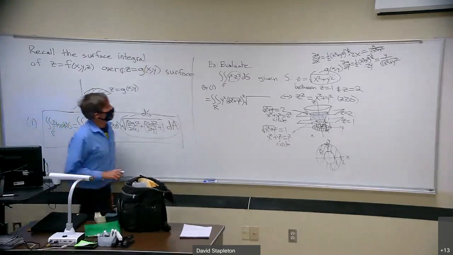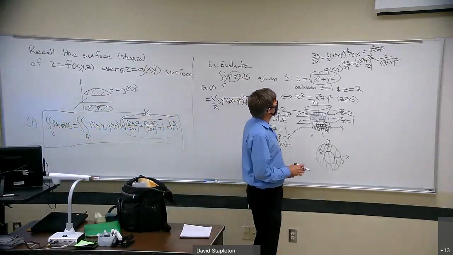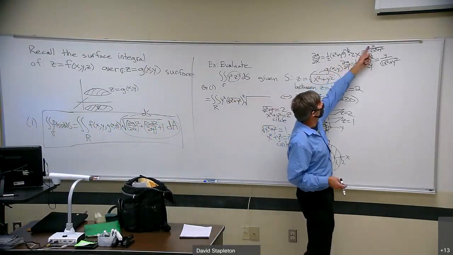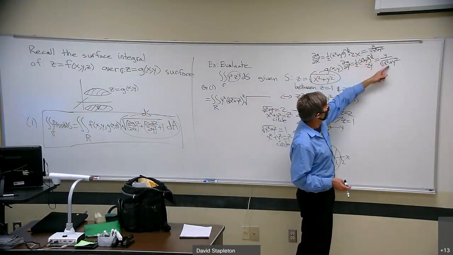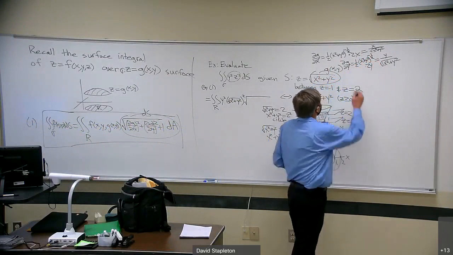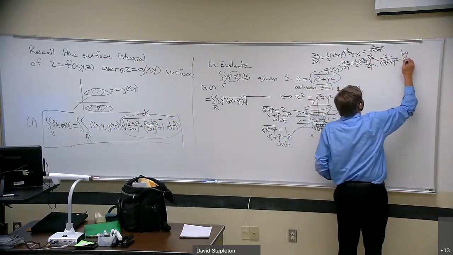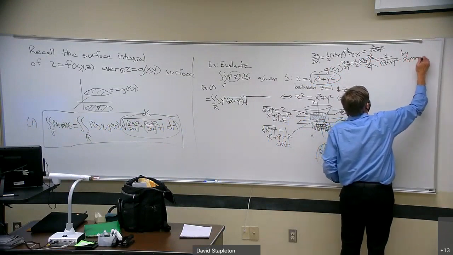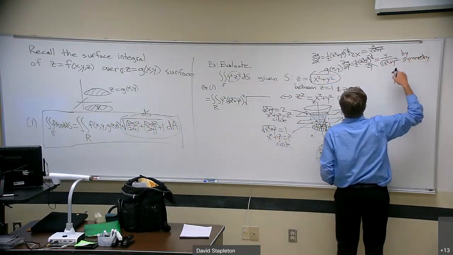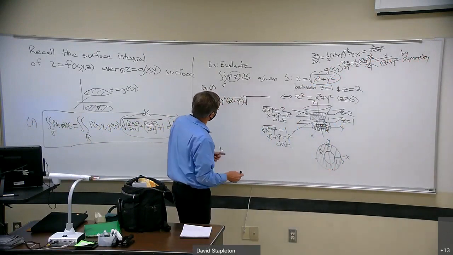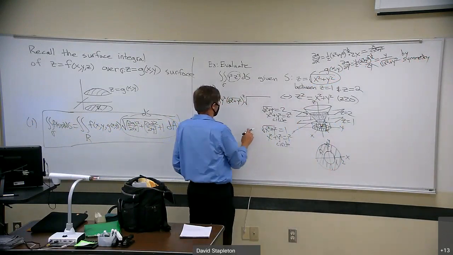Actually, what you could have done on this one, because of the symmetry in x and y, you could have computed dg/dx and then interchanged x and y to get dg/dy without any computation. So you can avoid this one altogether, just say by symmetry. This is the same thing with x and y interchanged. So it's y over square root of x squared plus y squared.